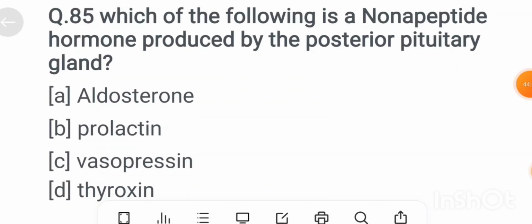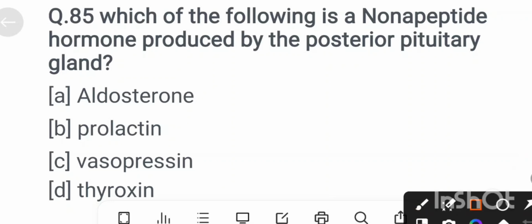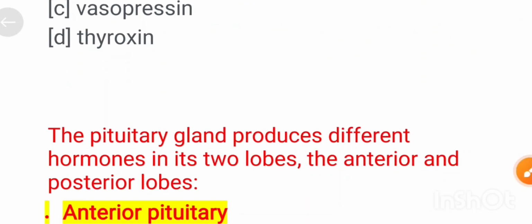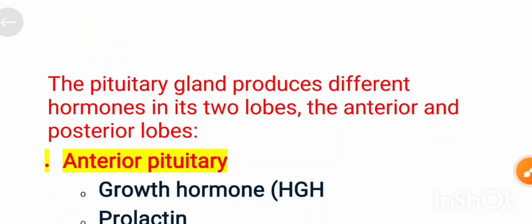Which is a non-peptide hormone produced by the posterior pituitary gland? Option A, aldosterone; option B, prolactin; option C, vasopressin; option D, thyroxine. Correct answer is option C. The pituitary gland produces different hormones in two lobes: the anterior lobe and the posterior lobe.